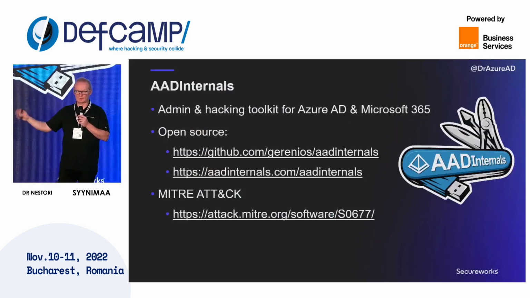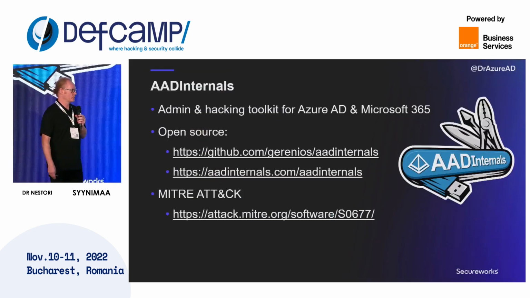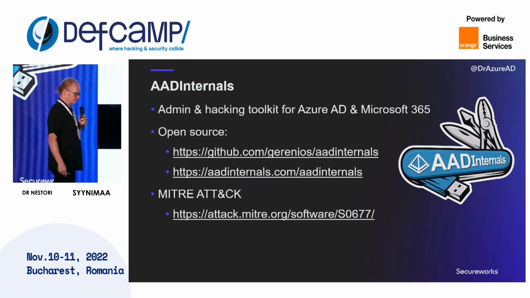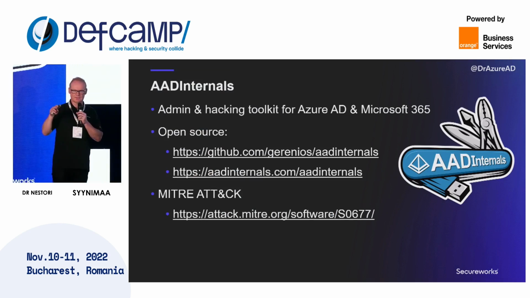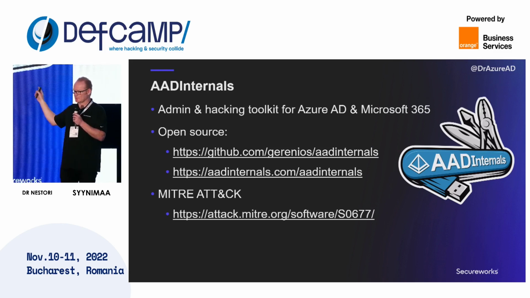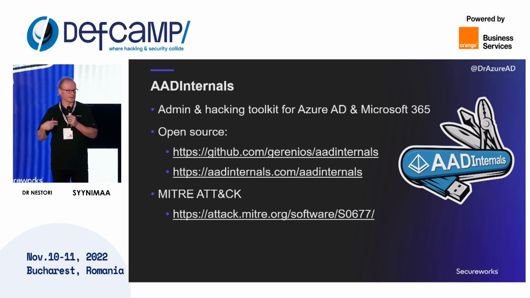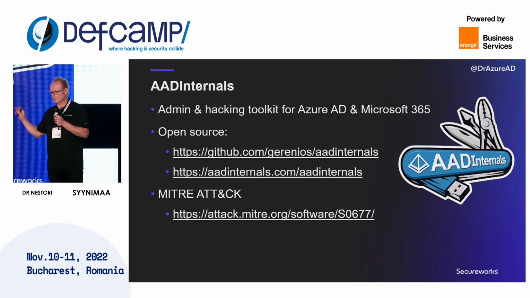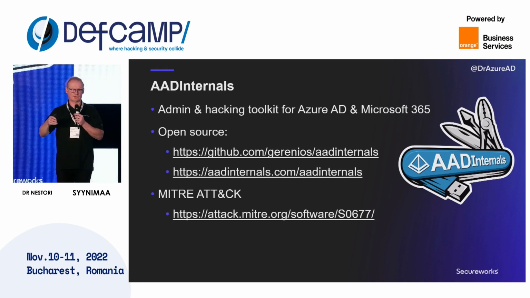Most of the people around the world know me from my toolkit, AADInternals. Anybody use that here? Okay, a couple. I have some stickers here, so you can pick me out later on and I will give you stickers if you want. It's an open source tool, and I'm going to use it today also.